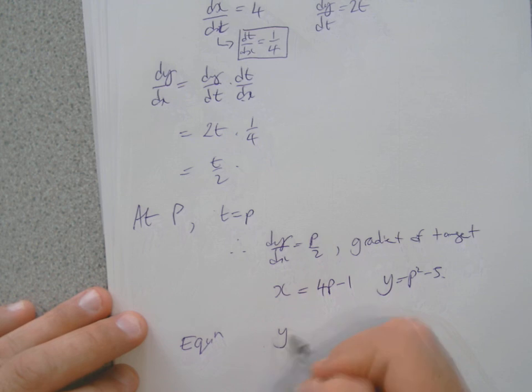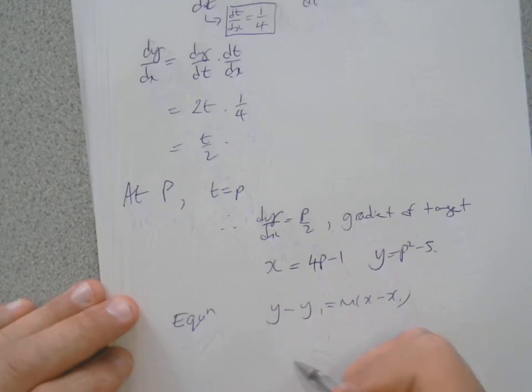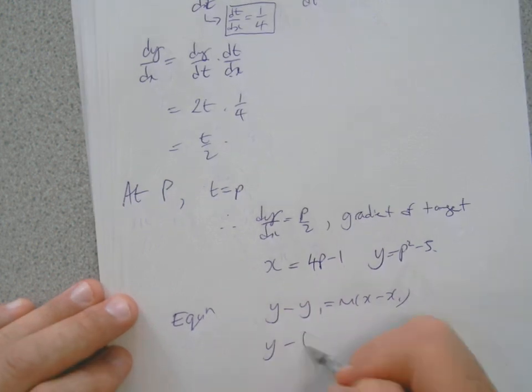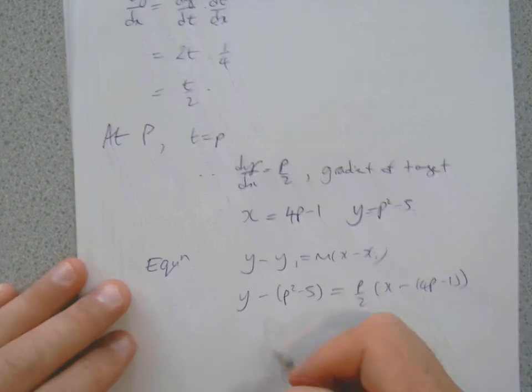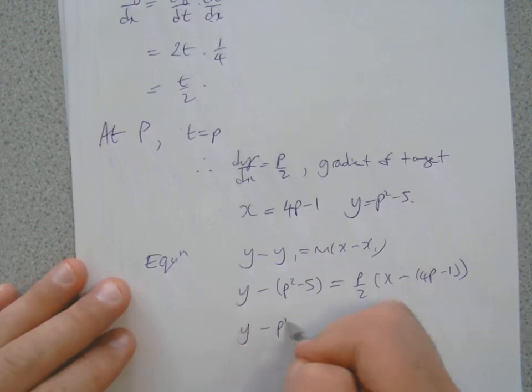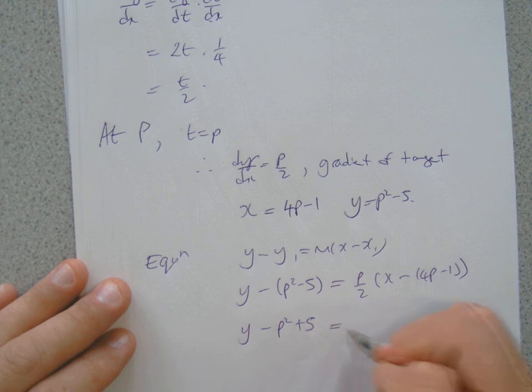So to get the equation, it will be y minus y1 equals m(x minus x1). So y minus y1, which is p squared minus 5, the gradient is p over 2, and x1 is 4p minus 1. So this becomes y minus p squared plus 5 equals... let's simplify this a bit first.